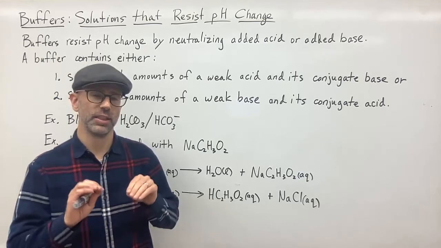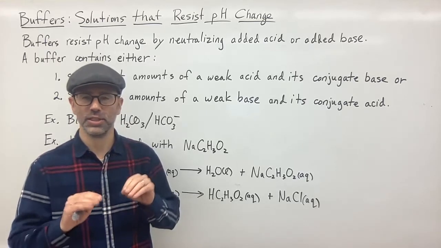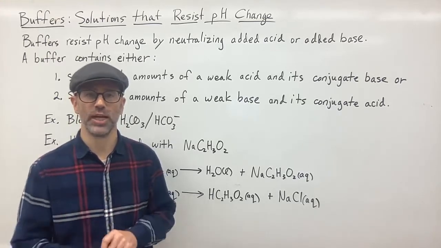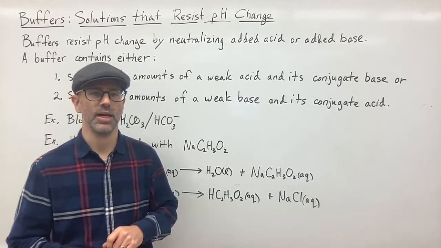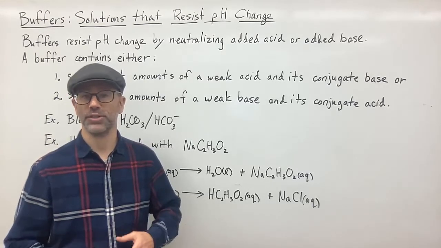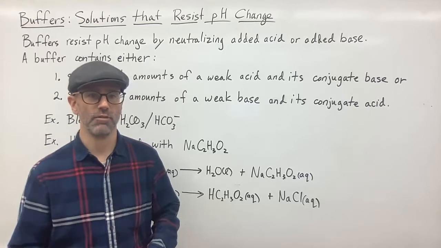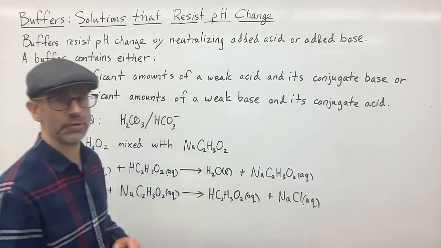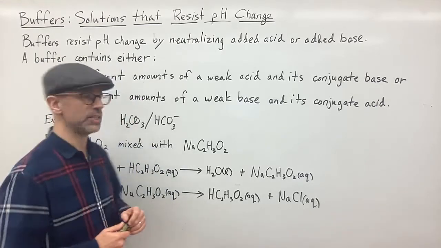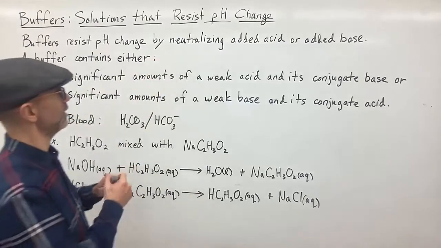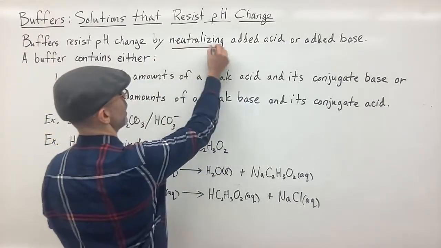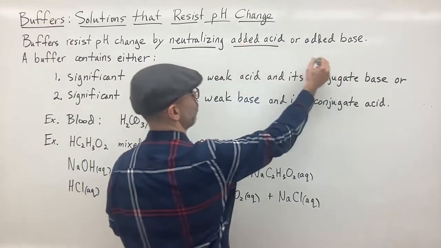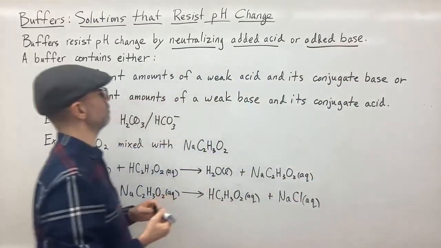It'll increase just a little bit or decrease a little bit, but it's not going to be a huge change in the pH. That's the characteristic of a buffer. So buffers resist pH change by neutralizing added acid or added base.